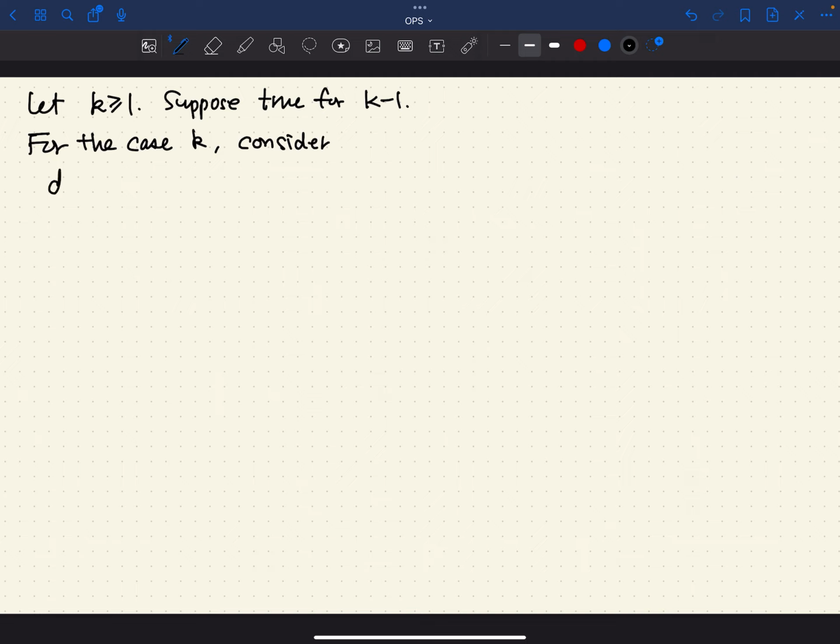The decomposition of pi: every Motzkin path has a decomposition into 3 cases: empty, horizontal, or up at the beginning. So pi is either empty or horizontal or up.